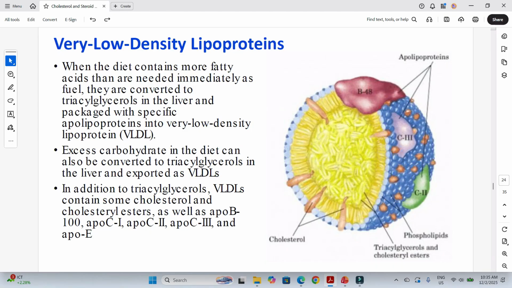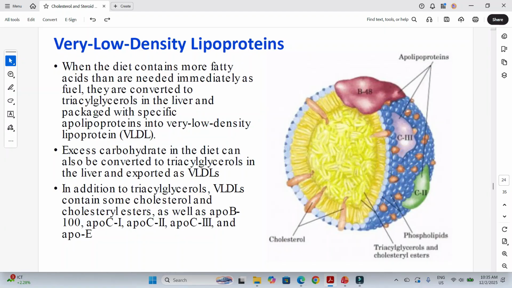So when the diet contains more fatty acids than are needed immediately as fuel, in other words, say for example, when you eat lechon or you eat barbecue and you consume the fatty part, they're converted to triacylglycerols in the liver and packaged with specific apolipoproteins into very low density lipoproteins.